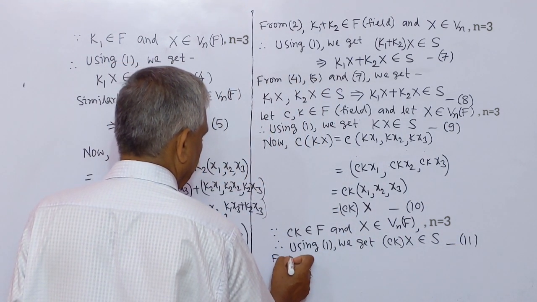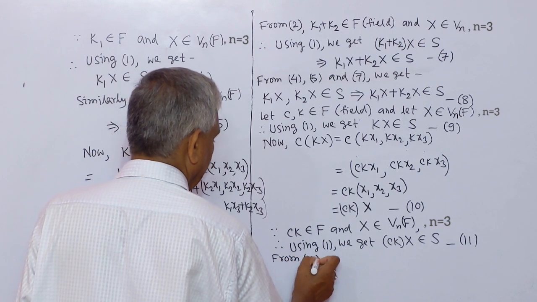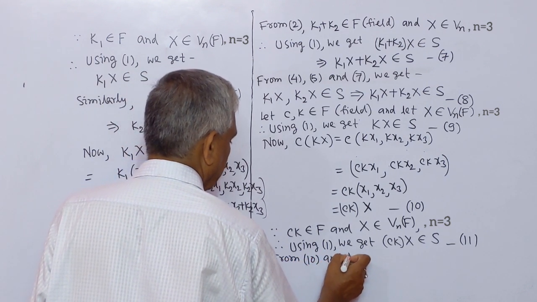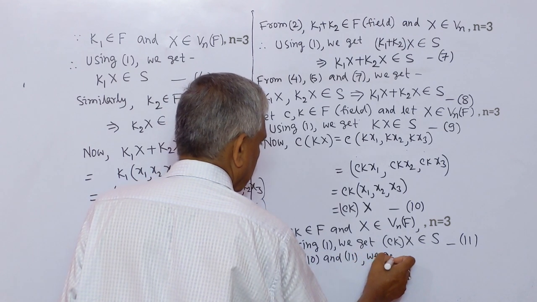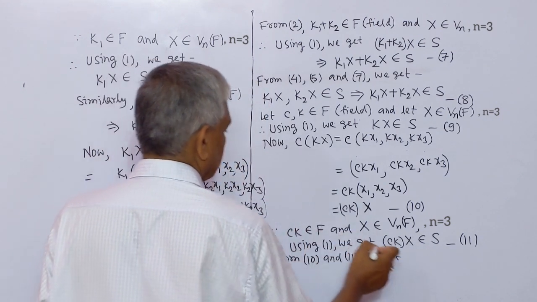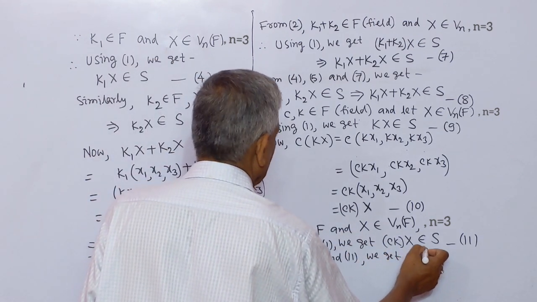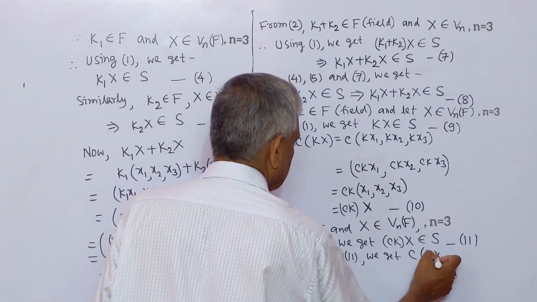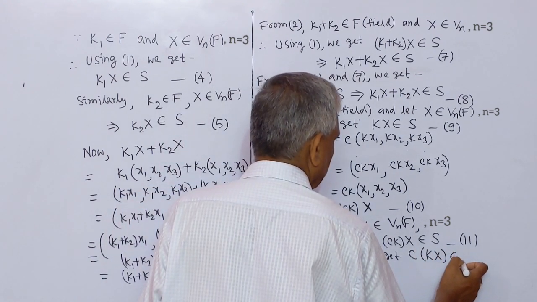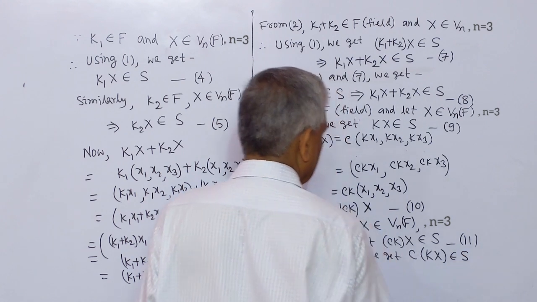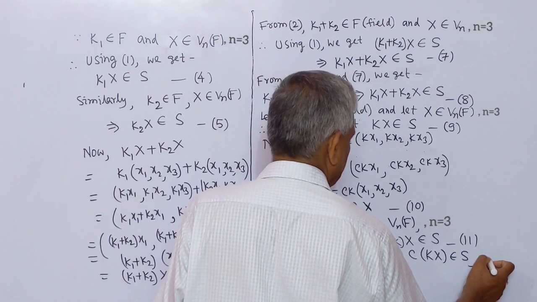From 10 and 11 we get CKx belongs to S. This is number 12.